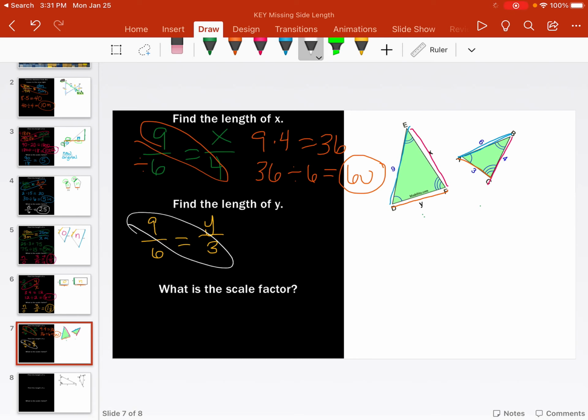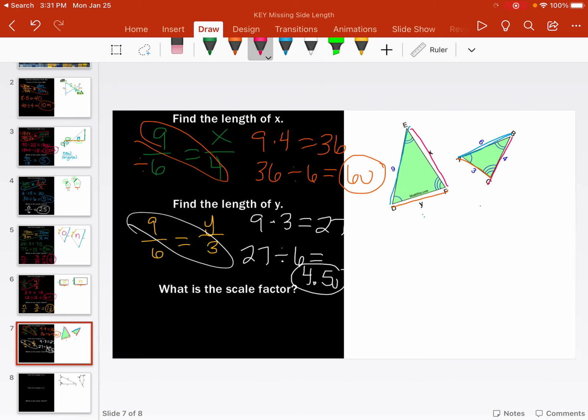Cross multiply. I have 9 times 3, which is 27. 27 divided by 6, which is 4.5 units. Don't forget your units, 4.5u.